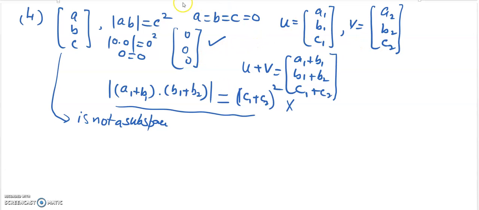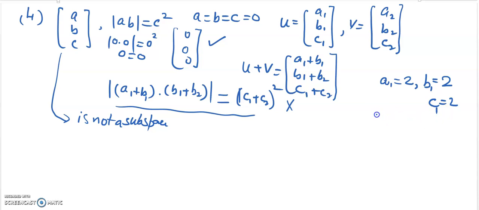So for example, let's take a, b and c with some values. If we take a1 equal to 2, and then b1 equal to 2, then c1 will be 2. So this is one set of values.